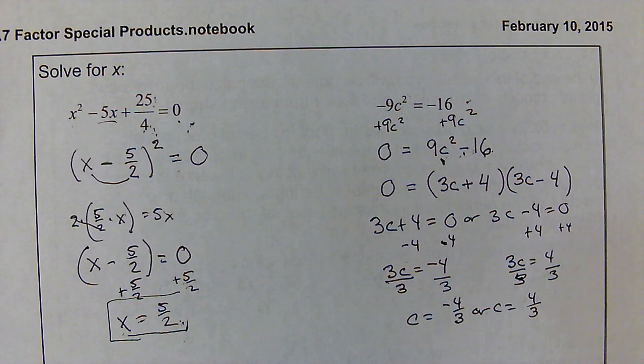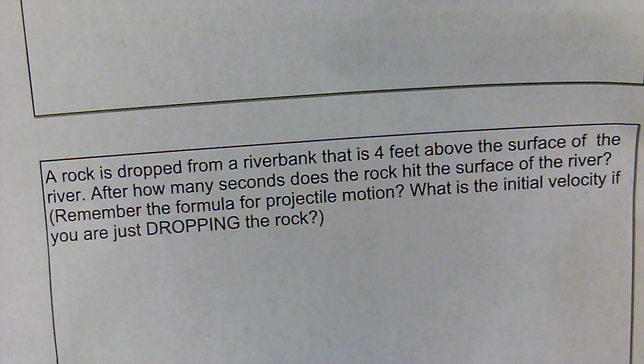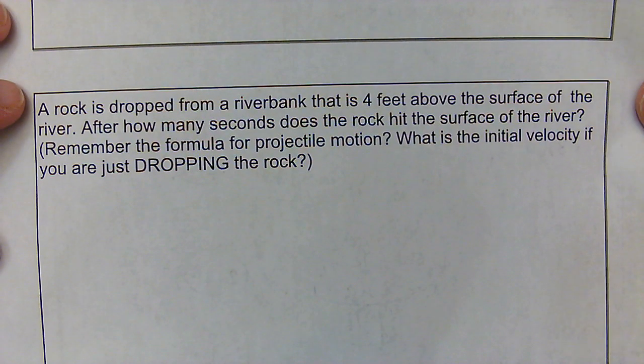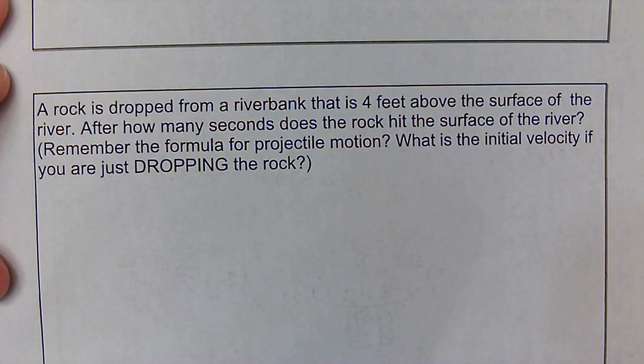The last thing I want to do is look at an application for this problem. There is something that we study in science called projectile motion, and it tells you the relationship between how high an object is a certain amount of time after it was either dropped or thrown.